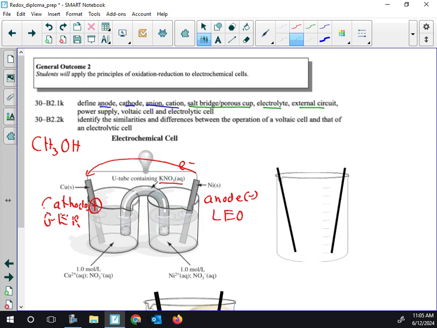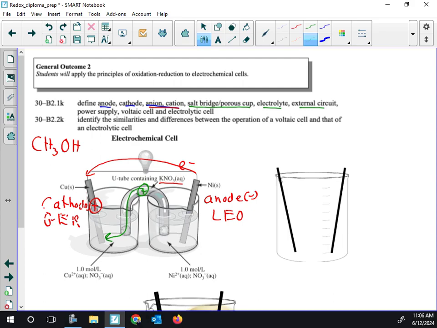Now this flow of electrons has to be balanced by some ion movement to keep the cell neutral. So any positive ions, any cations, are going to be flowing towards the cathode. So I always remember C for cathode.